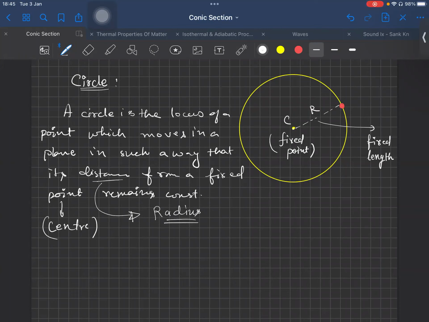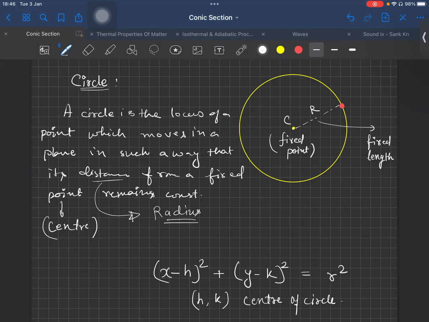Understood? See, there are a lot of theorems based on circles, like the theorem of tangents and all. We have the general or standard equation of a circle. Thus any circle can be defined using the equation (x minus h) whole square plus (y minus k) whole square is equal to r square, where r is the radius and (h, k) is the center of the circle.